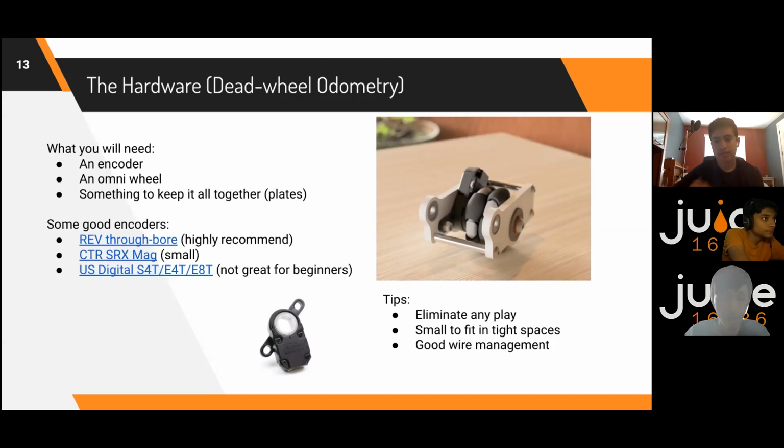Another good tip would be to make it as small as possible, because you really want to put them on your robot and forget about it, and have enough room to implement the actual game mechanisms. And also you want good wire management, because you don't want your encoder wire to come loose during a match, especially during your autonomous, because at that point it's game over and everything's just down the chute.